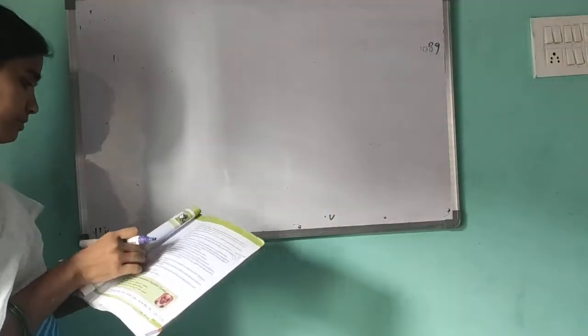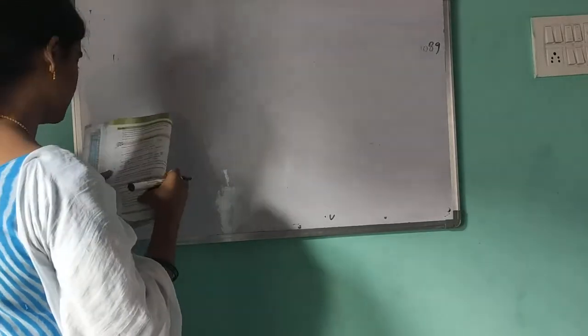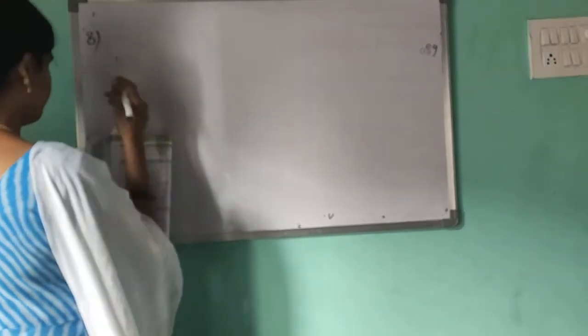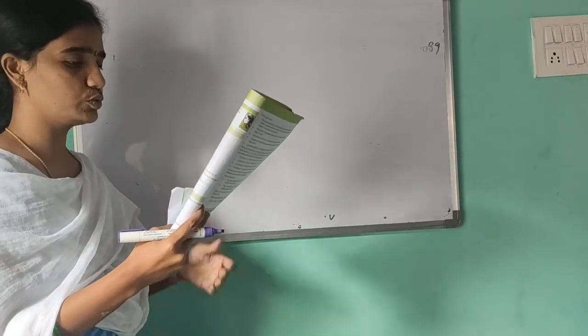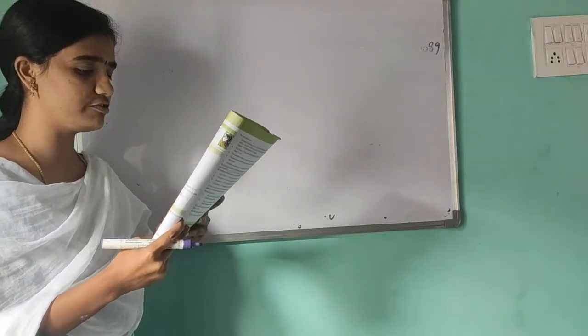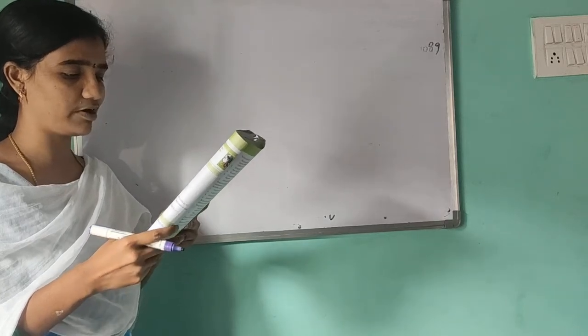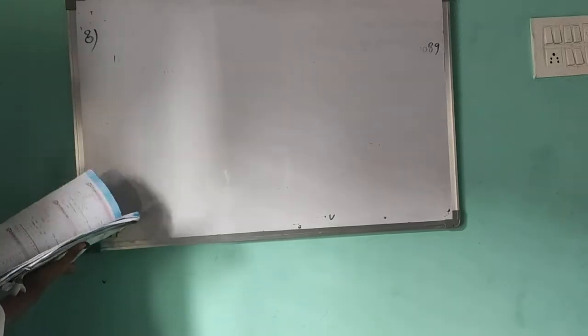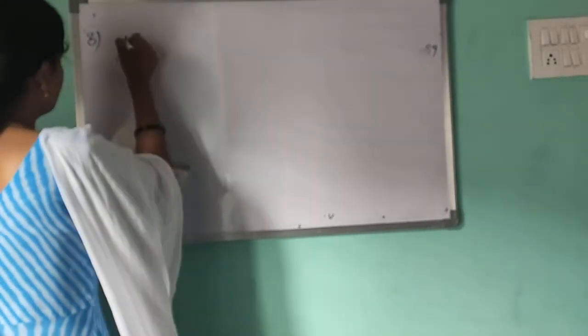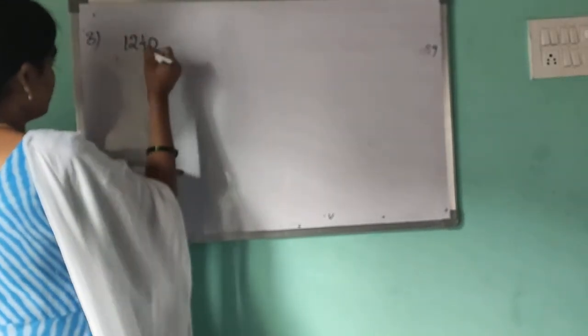This is the last sum of this chapter. The eighth one. Write the nearest number to 1240 which is divisible by 11. Here the given number is 1240.